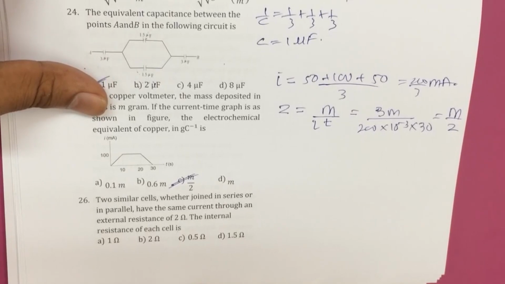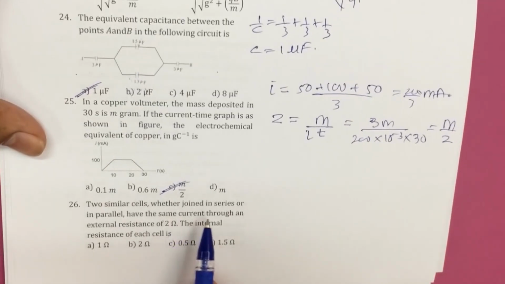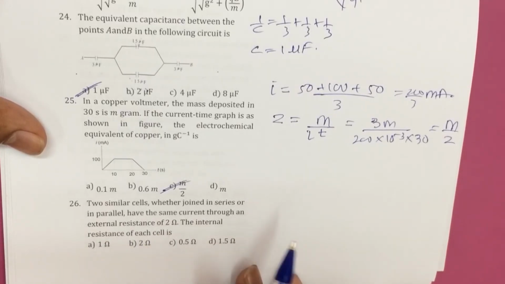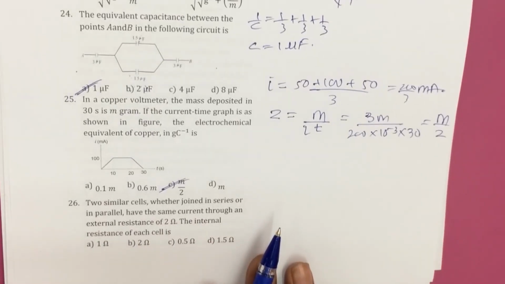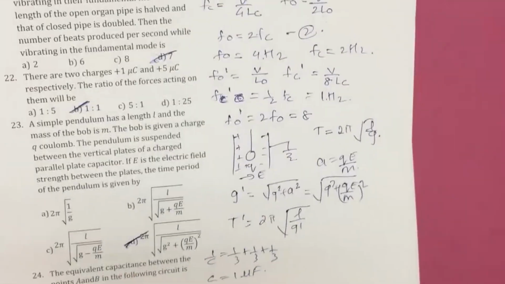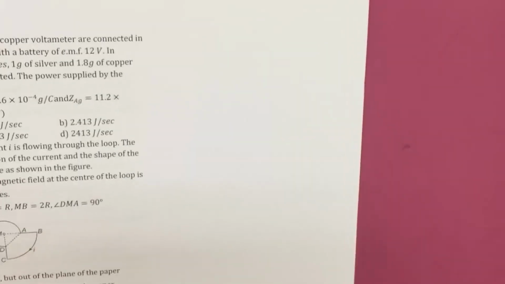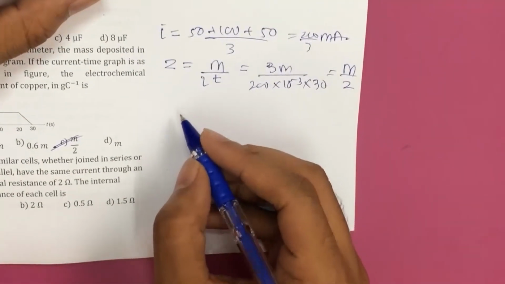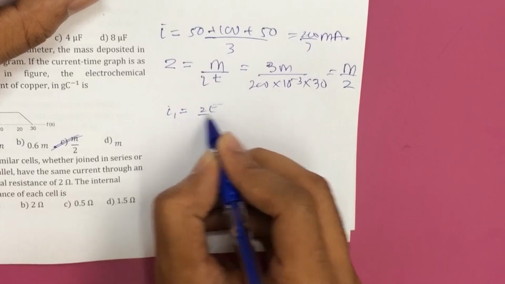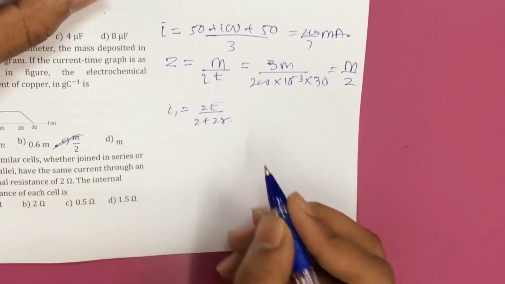Question 26. Two similar cells, whether joined in series or in parallel, have the same current through an external resistance of 2 ohm. The internal resistance of each cell is. Now here in the series circuit, I1 will be equal to 2E divided by 2 plus 2r.